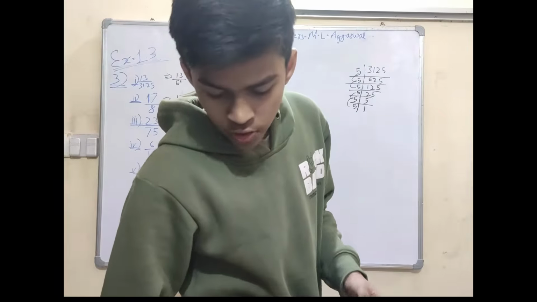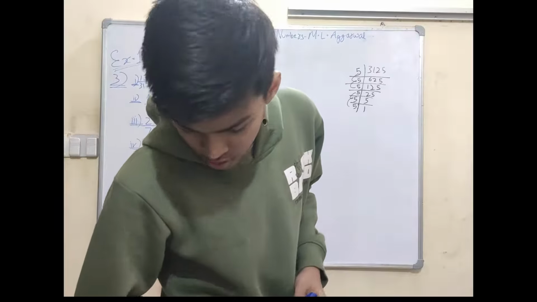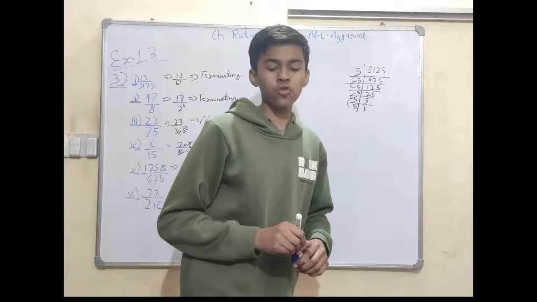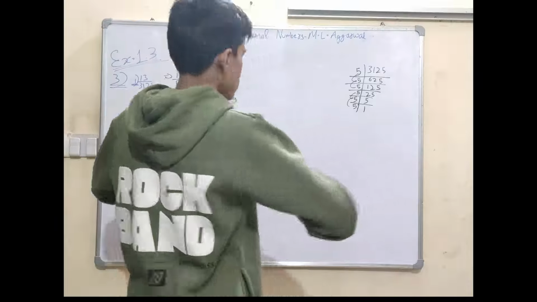Without actually performing the long division, find if 987 upon 10500 will have a terminating or non-terminating decimal expansion. Give reason. Okay, so we will solve it.